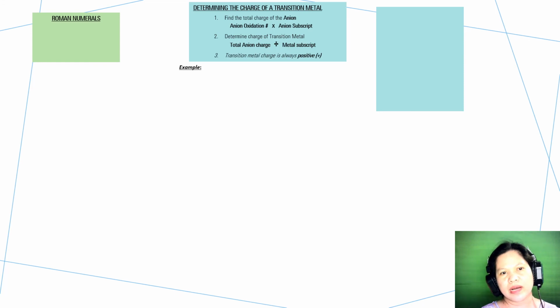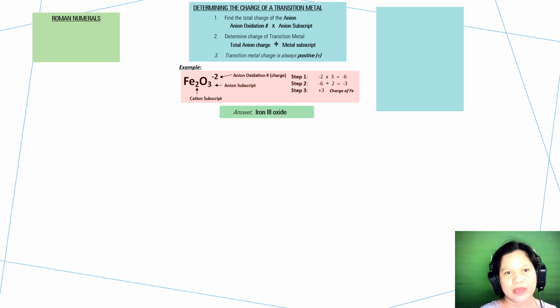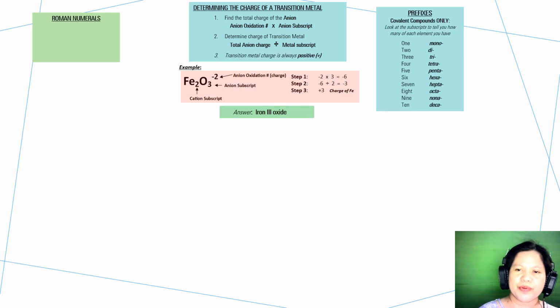Okay, here is an example of determining the charges of transition metals. The given example is iron 2 and oxygen 3. So may mga nakalagay dyan. So when you balance the equation, the name of this compound will be iron 3 oxide. Now there will be prefixes here.